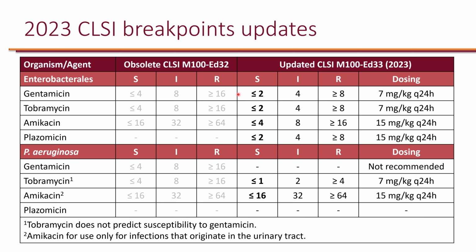So the committee updated. What they did is that they actually lowered the breakpoints for Enterobacterales. So previously an MIC of 4 or less was considered susceptible for gentamicin and tobramycin. That has been lowered to less than or equal to 2. And this is assuming the most common dosing nowadays, which is 7 milligram per kilo once a day.